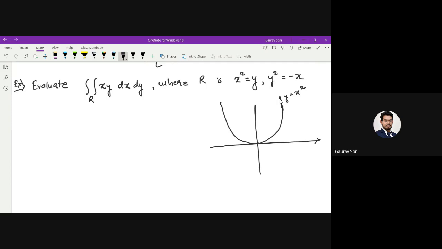What is it? Parabola facing leftwards, opening towards the negative x-axis. The region which is bounded by these two is this.